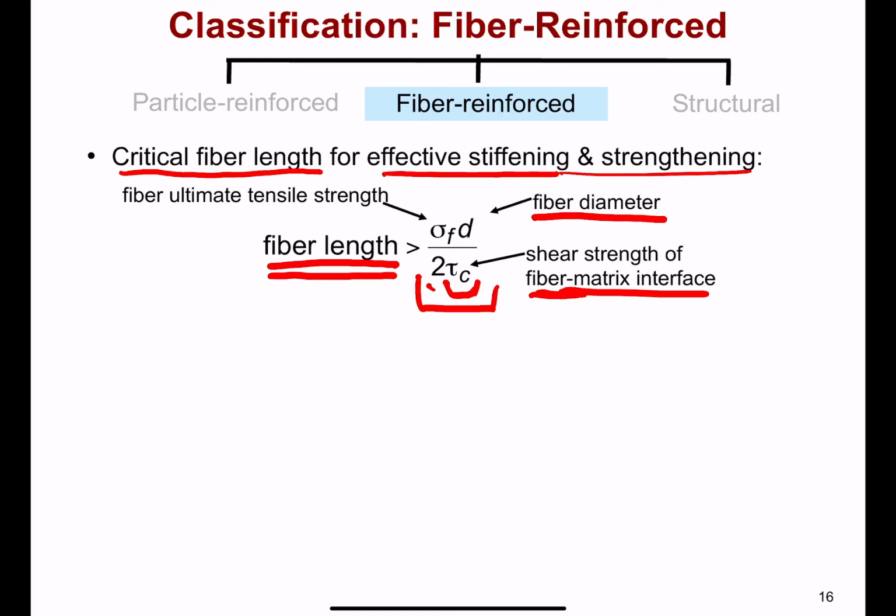So you could afford shorter fibers if you had really strong bonding at the interface between the fiber and its matrix.